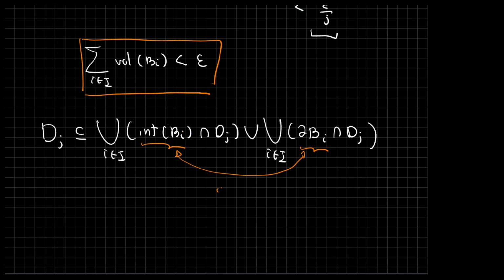So the union of this set with its boundary is equal to this subblock.